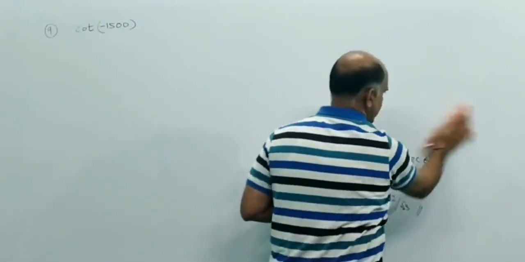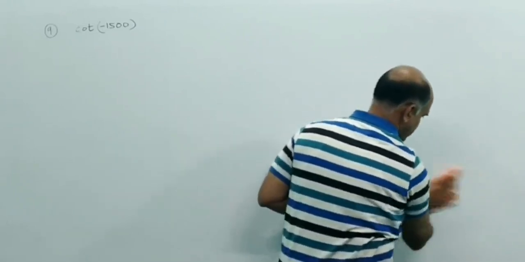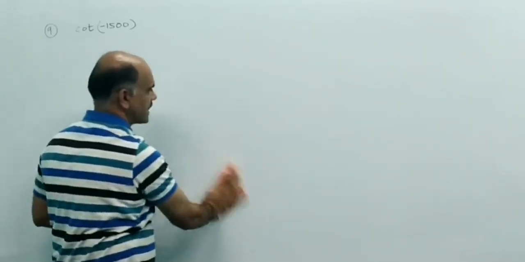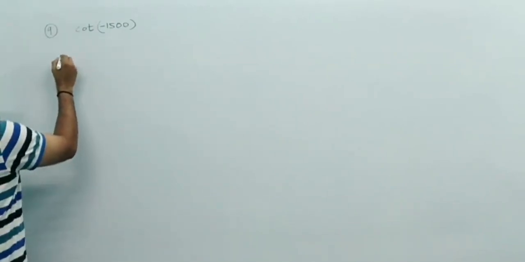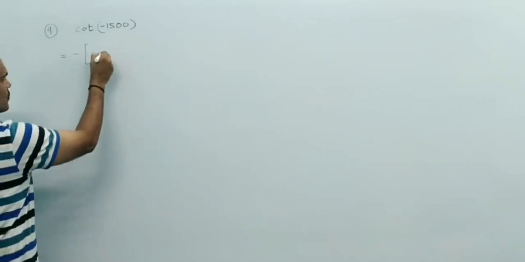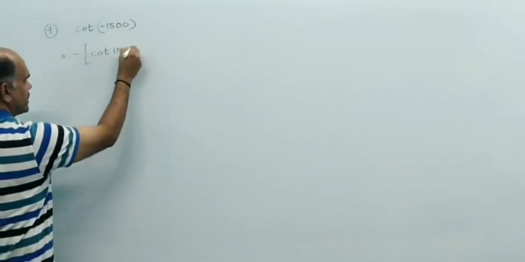Whether the minus sign remains or goes, first step you check. As it is cot, the minus sign will be there. So this minus sign remains. So minus into bracket cot 1500.